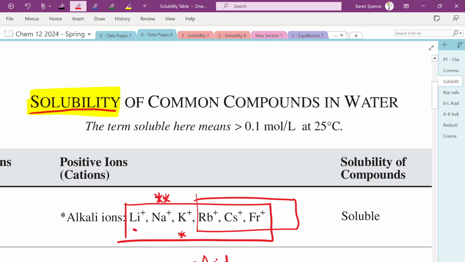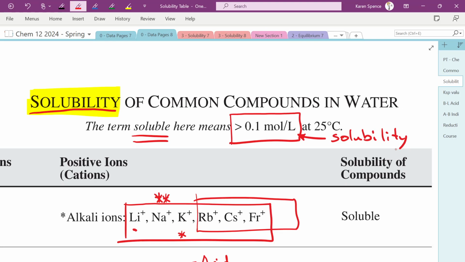And in grade 12 chemistry, we define soluble as meaning greater than 0.1 moles per liter. So that's the minimum solubility you need in order to be classified as soluble. All right? So this is how this relates to solubility in grade 12. University, they might give you a different set point. They might say 0.01 is soluble, whatever. Just work with what they give you.